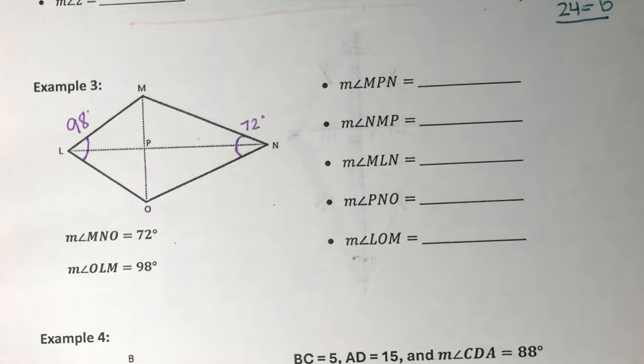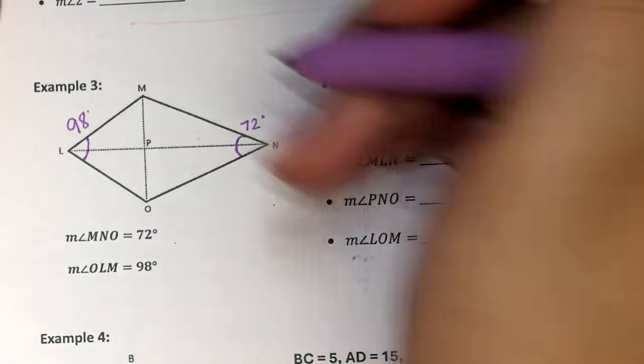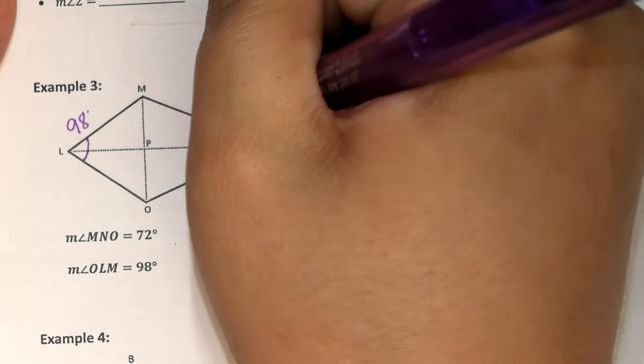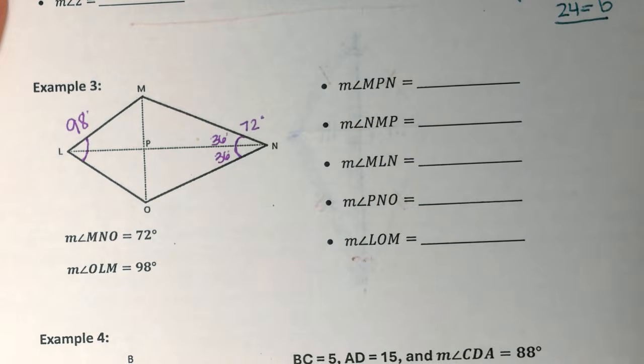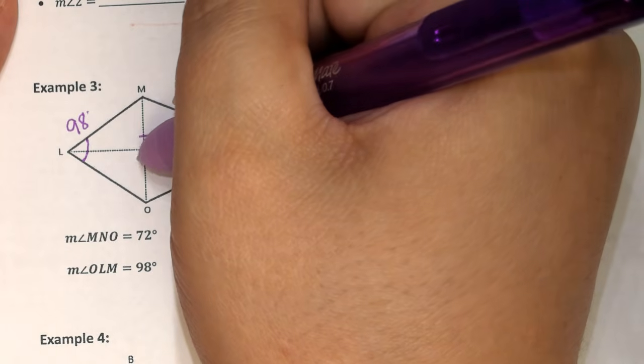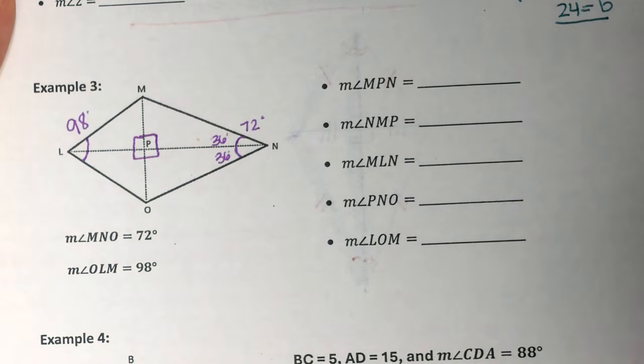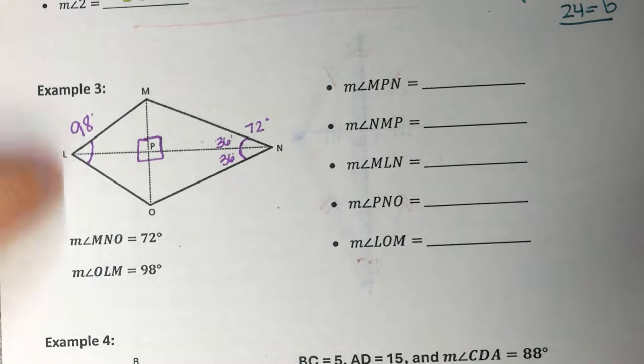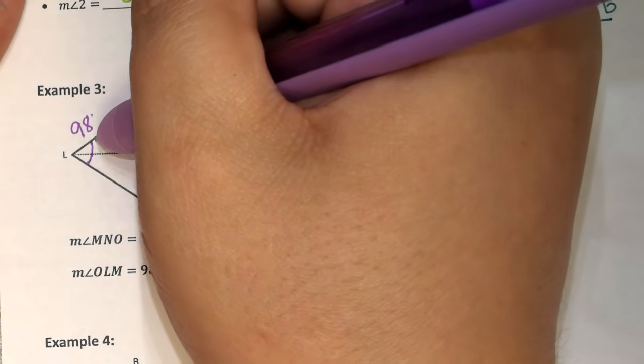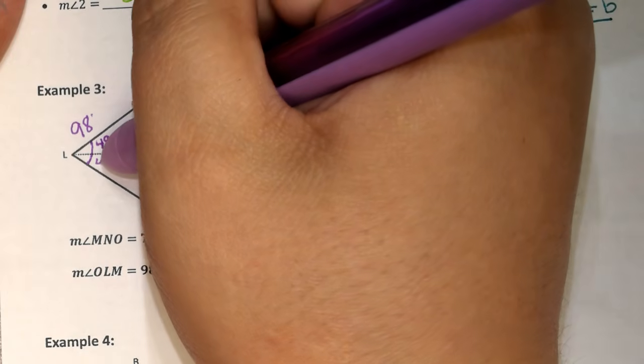Without even looking at the questions, what do I know? 72 can split to 36 and 36. What did you say, McKenna? P is 90 degrees all the way around. And what else do I know? 98 divided by 2 is 49 and 49.